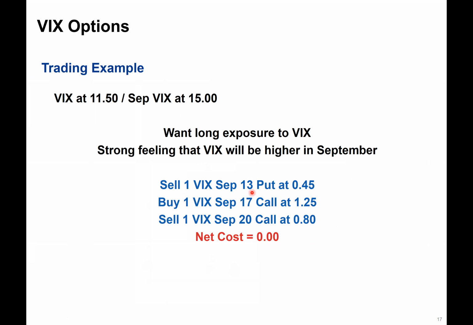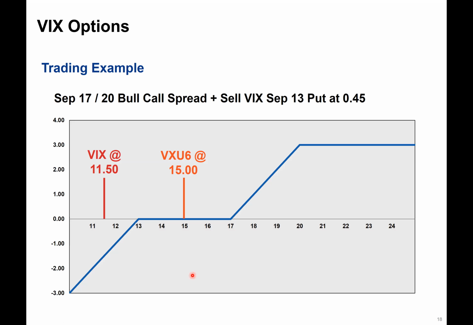So we're going to sell that 13 put and take in some income, and that's actually going to have us set up at no cost to maybe benefit from a spike in VIX, but we do have some downside risk in this case. What we actually have is a potential loss if VIX remains at 11.50.